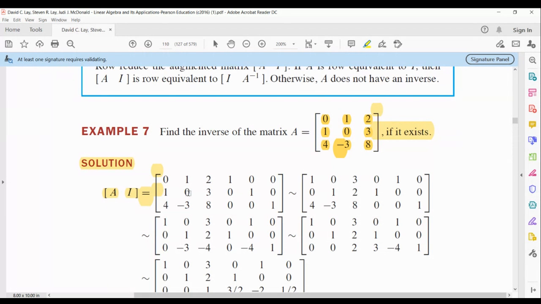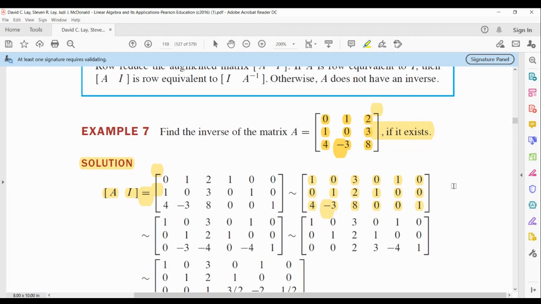So, for instance, in the first column they want zeros where the 1 and the 4 are. So they're going to take their, well, no, hold on here. Oh, okay, I'm sorry. I want to go over here. See, now they're not doing it vertically. They're going left to right. So this is the next stage here.